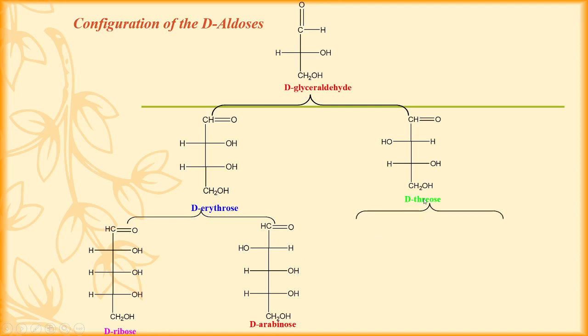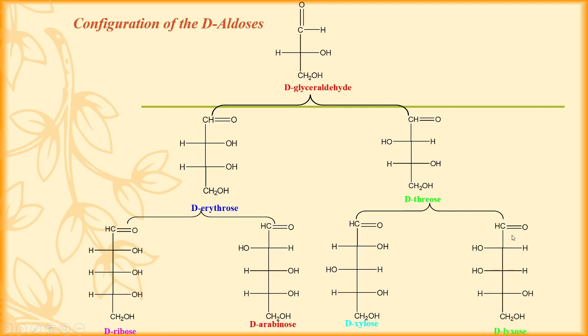Again this D-threose is converted into pentose sugar. In the first one we added one more carbon atom after the aldehydic group, that is this carbon atom. This is the left hand side molecule of this D-threose, hence we write the hydrogen on the left hand side.